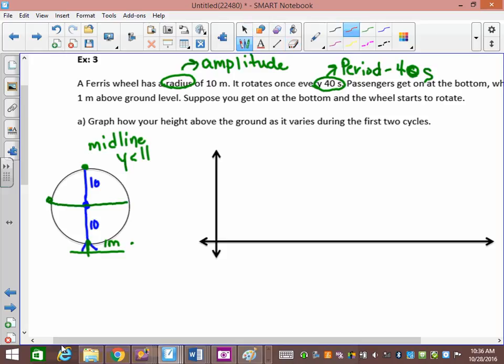So we get on at the bottom. So how many seconds is that? 0. So at 0 seconds, we get onto this Ferris wheel. Now remember, height is always y and time is always x. So at 0 seconds, we're at 1 meter.